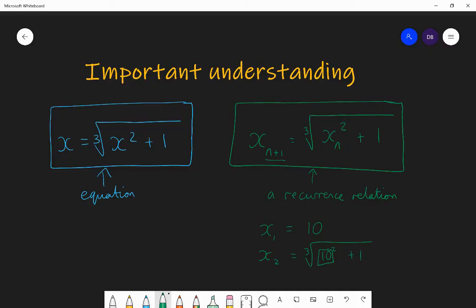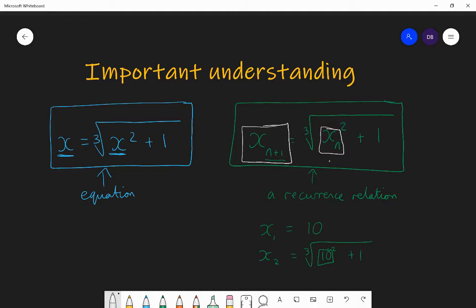Now, the key thing is how to connect the two. Well, for the equation, I'm looking for a value of x which is the same on both sides of this equation. For this equation to be true, the values of x need to be equal. That will happen if, in my recurrence relation, my previous value of x, when I substitute it into the function, gives me the same output, so it doesn't change.